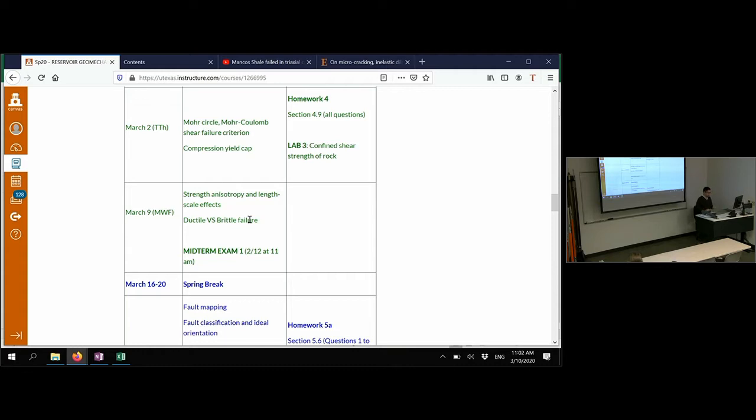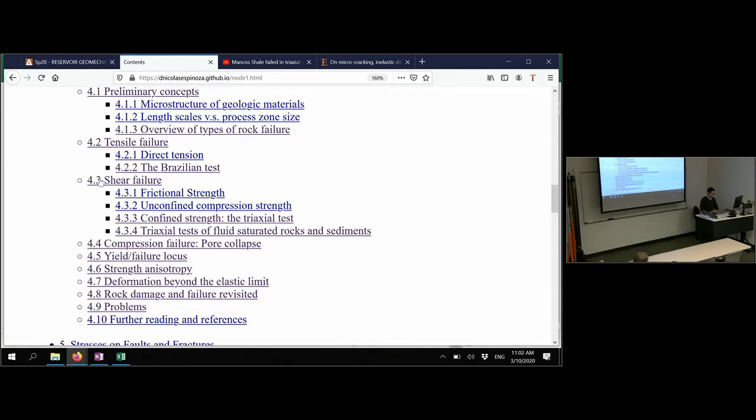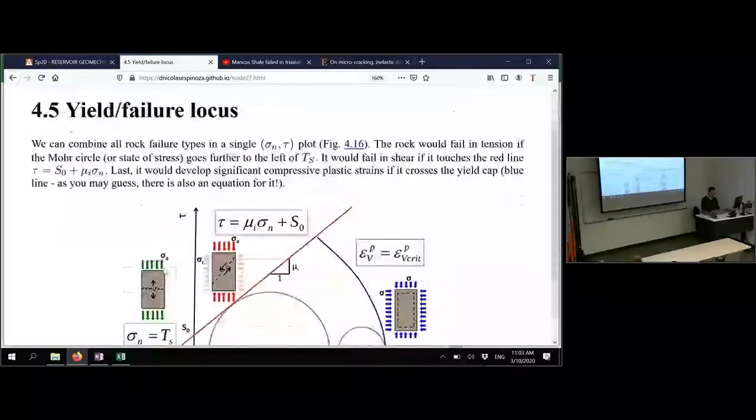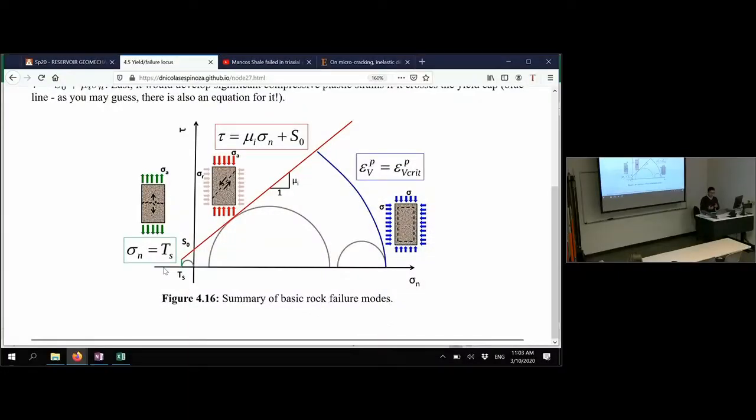All right, so we are right here in this week, and we have covered all of this chapter except the four topics left. So this was the last one that we saw, and it summarizes all the possible failure modes in rocks.